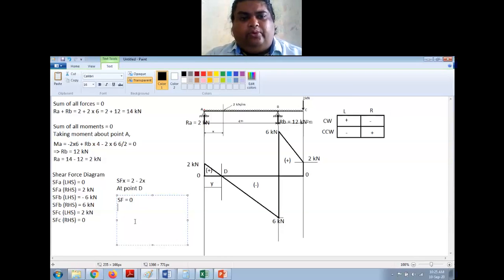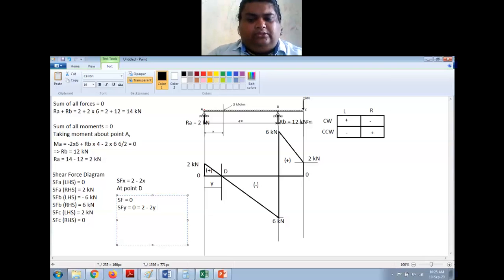So now I am putting SF at X as 0 and I'll try to find this value of y. So SF at y is equal to 0 and that is equal to 2 minus 2 into y, right? I have put the value of x as y.